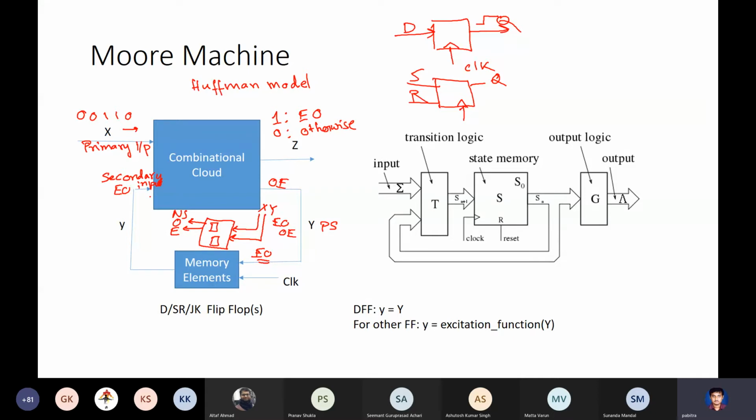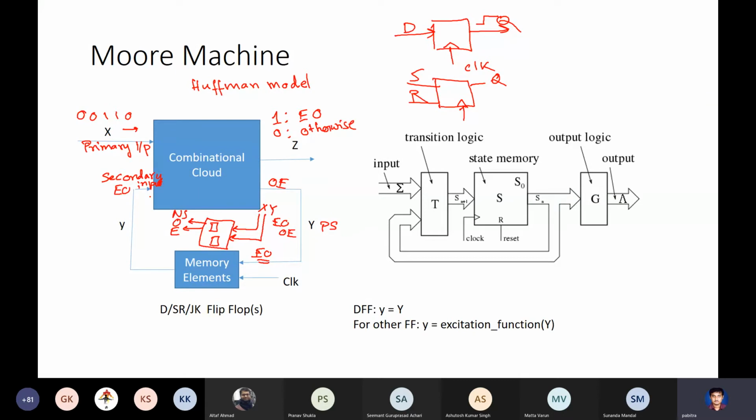In a D flip-flop it's easy: you set the D to those values, and they will be held. But in other flip-flops, for example SR, it's not direct. Depending on the logic of those flip-flops, you have to set the values of S and R, or J and K, so that the desired state is held to the next state.